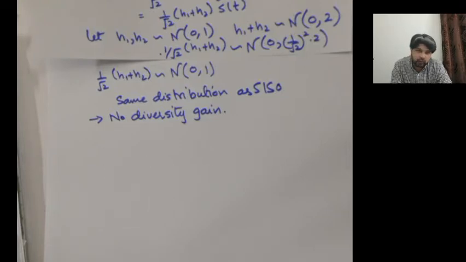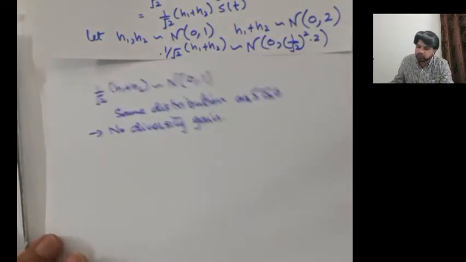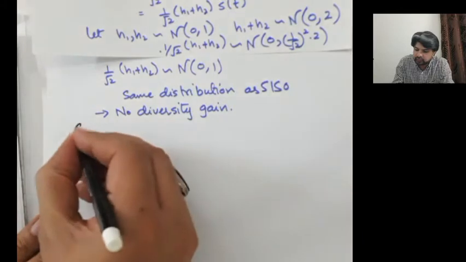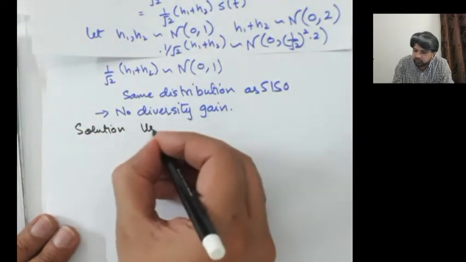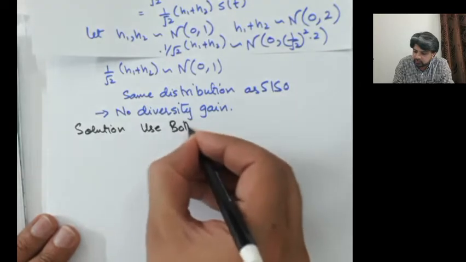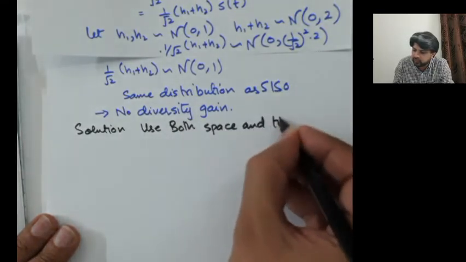There is, however, a way to get something out of a MIMO channel, even if you do not have the channel side information at the transmitting end. And that is the solution to this problem. The solution is to use both space and time dimensions.